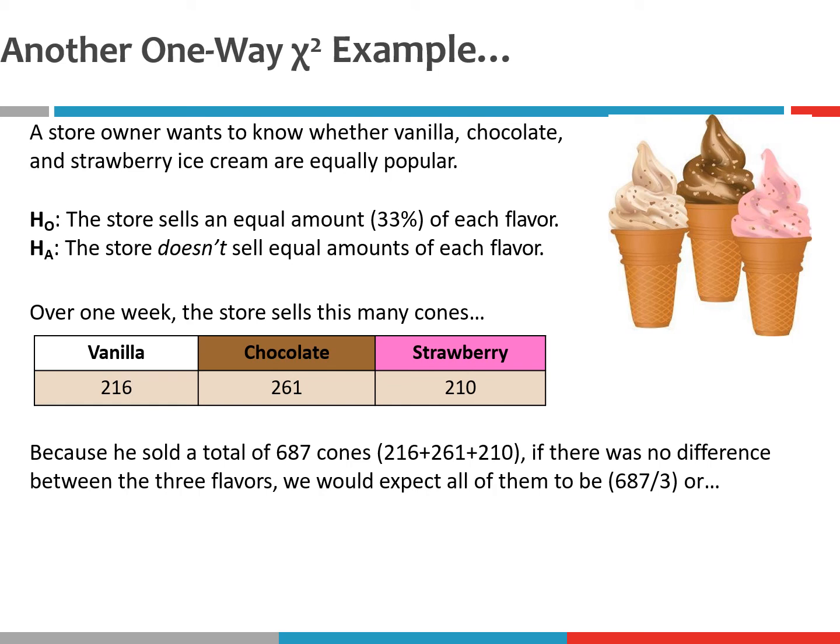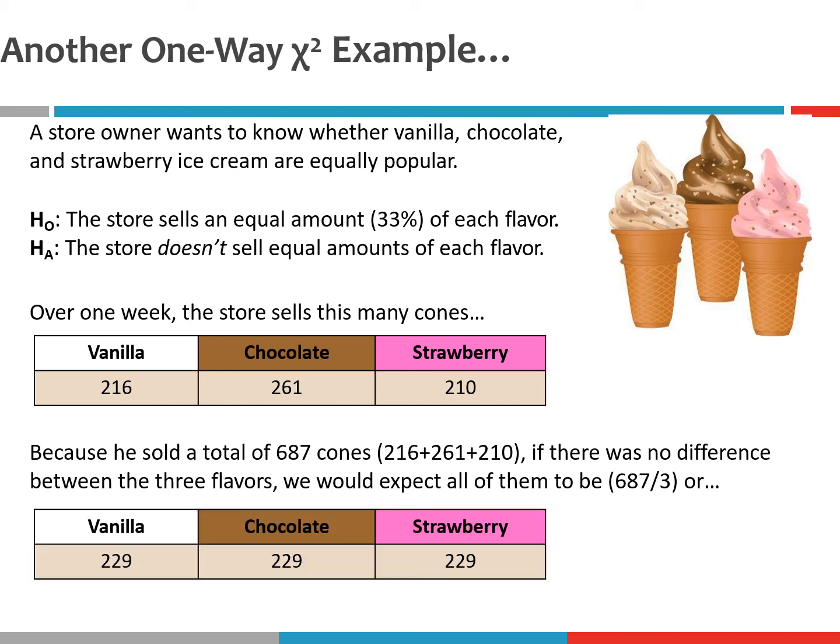Okay, so because our store owner sold 687 cones, right, that's just the sum total, if there was no difference between the 3 ice cream flavors, we would expect them all to be 687 divided by 3, or 229. Okay, so 229 for each of the flavors if everything was equal.